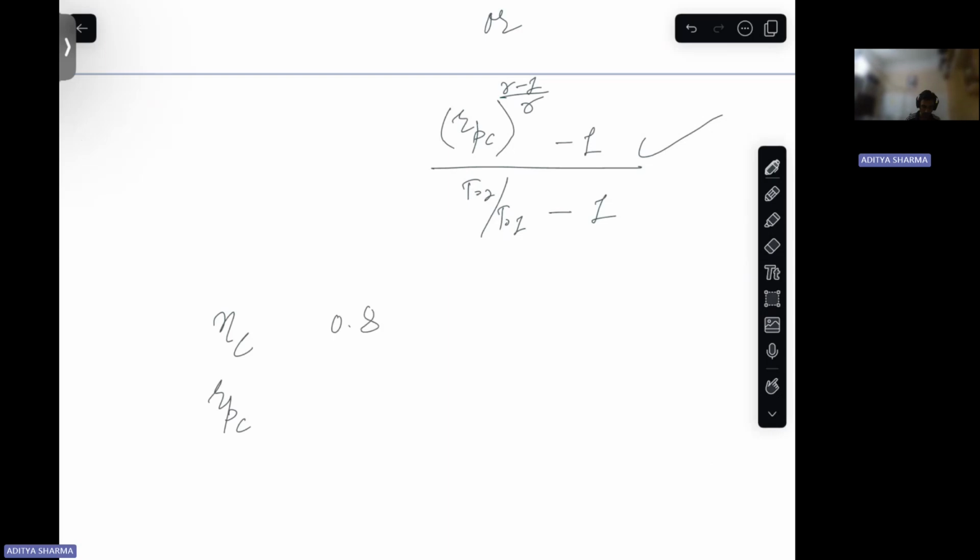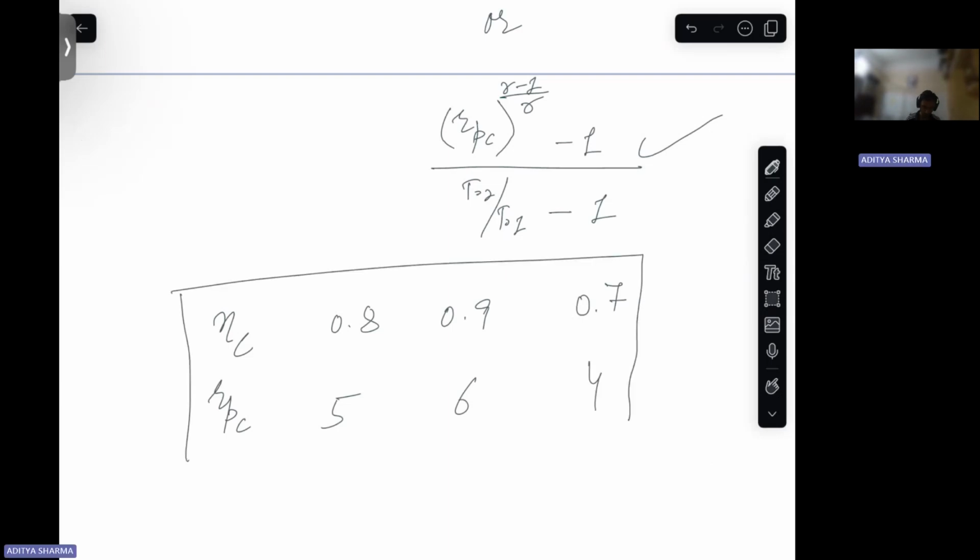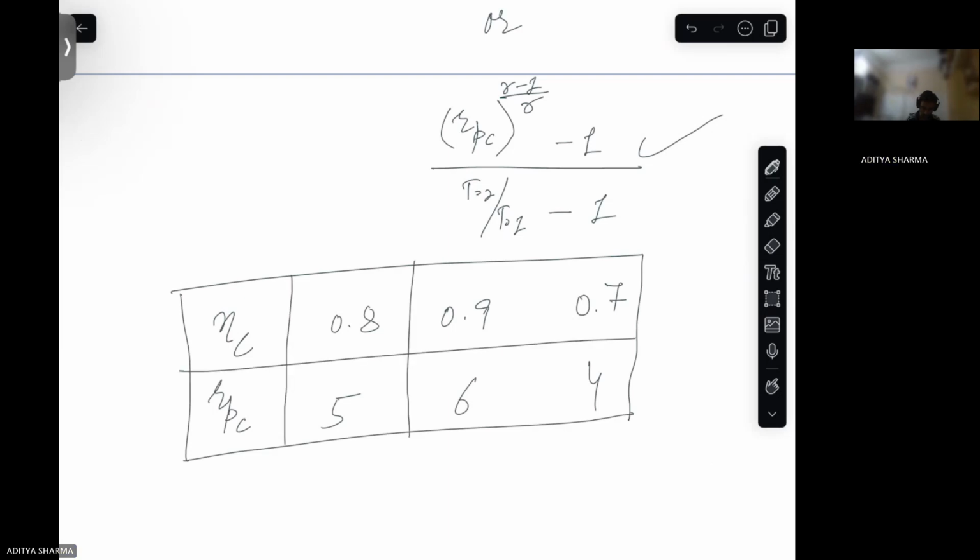If efficiency is this, and this is this, and this is this, now in this scenario, to compare these compressors, we cannot comprehensively comment on the performance of these compressors.